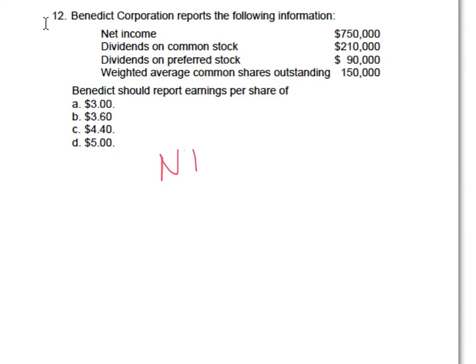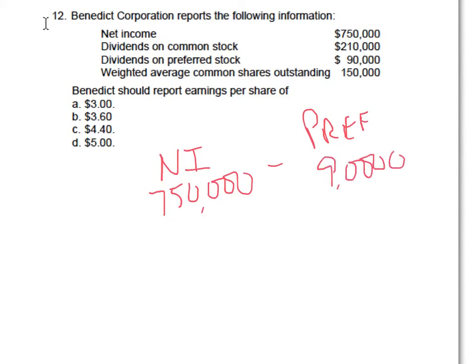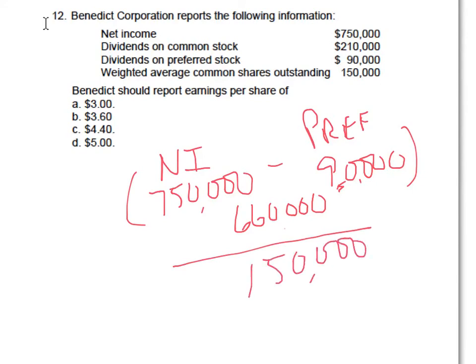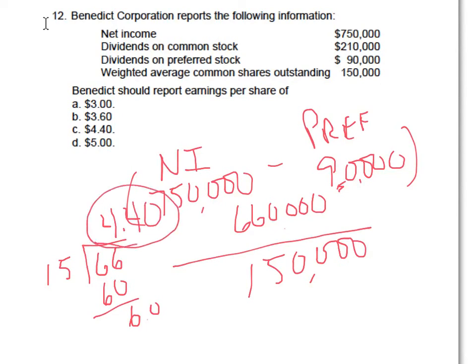So we're going to take the net income, which is 750,000, minus preferred dividends, because they get paid first, and that's going to be 90,000. 90,000 means that there is going to be 660,000 income available to common divided by 150,000 common shares, which is 66 divided by 15, which is $4.40 per common share. The answer there is going to be C.